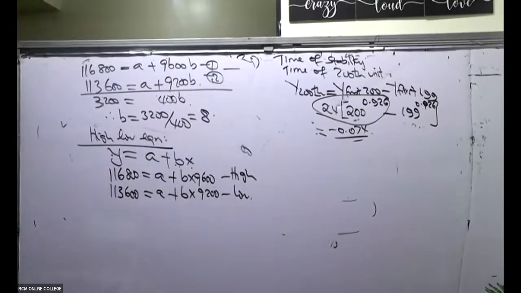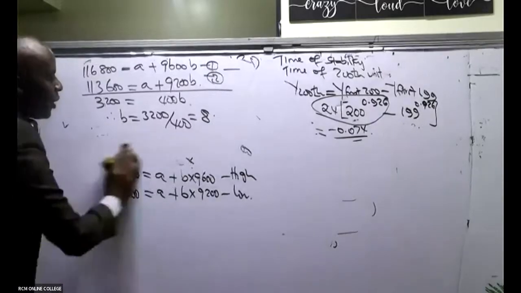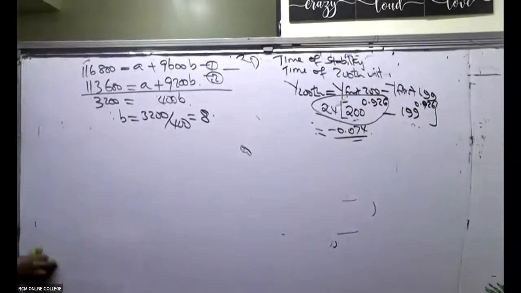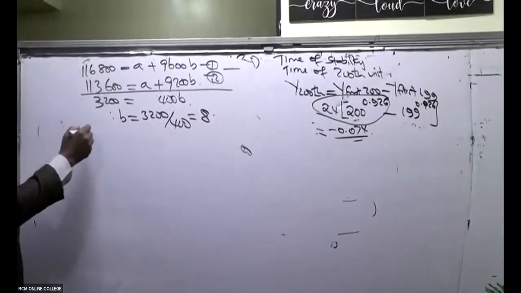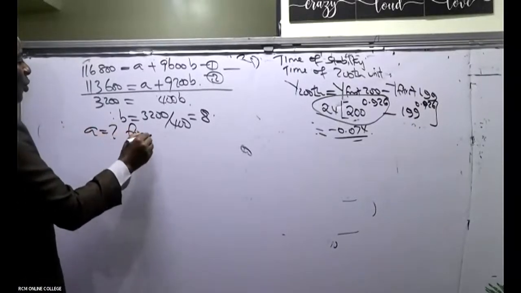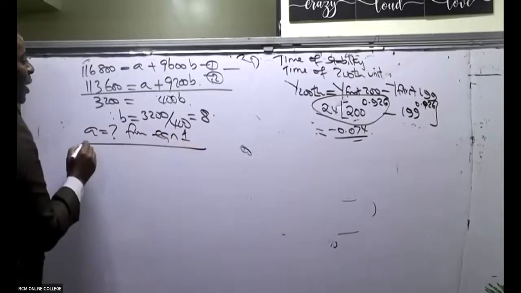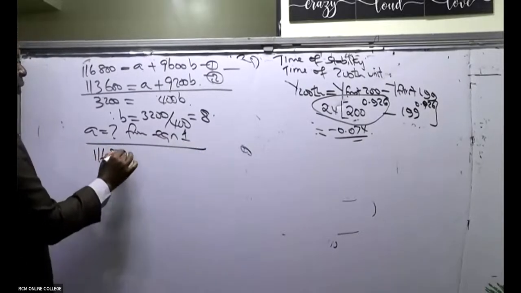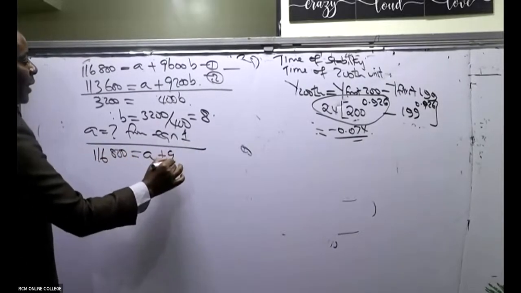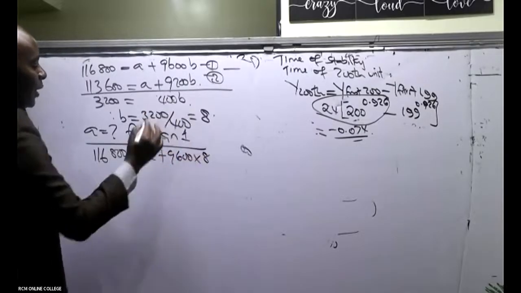Then what do we do to get the value of A? To get the value of A, we'll substitute into equation 1. So this will be 116,800 equals A plus 9,600 times B, which is 8.